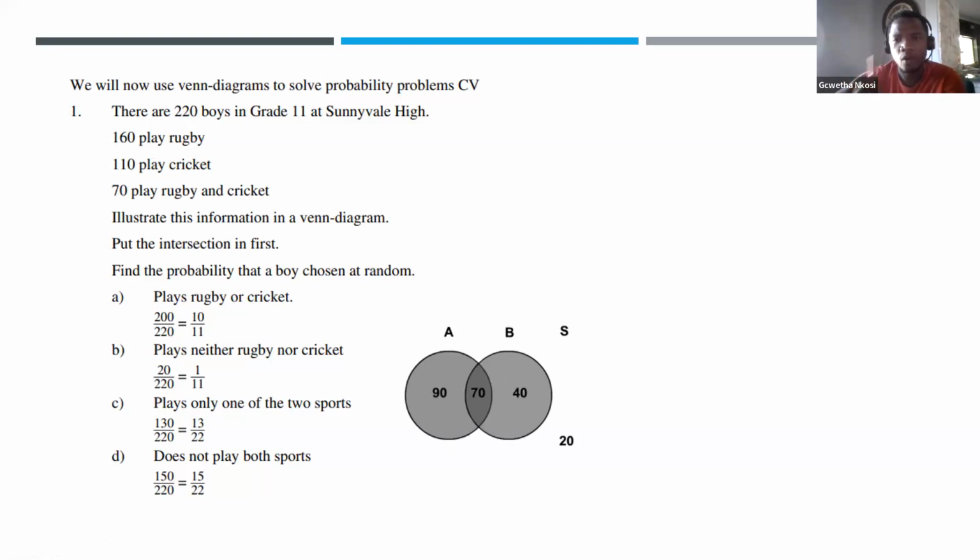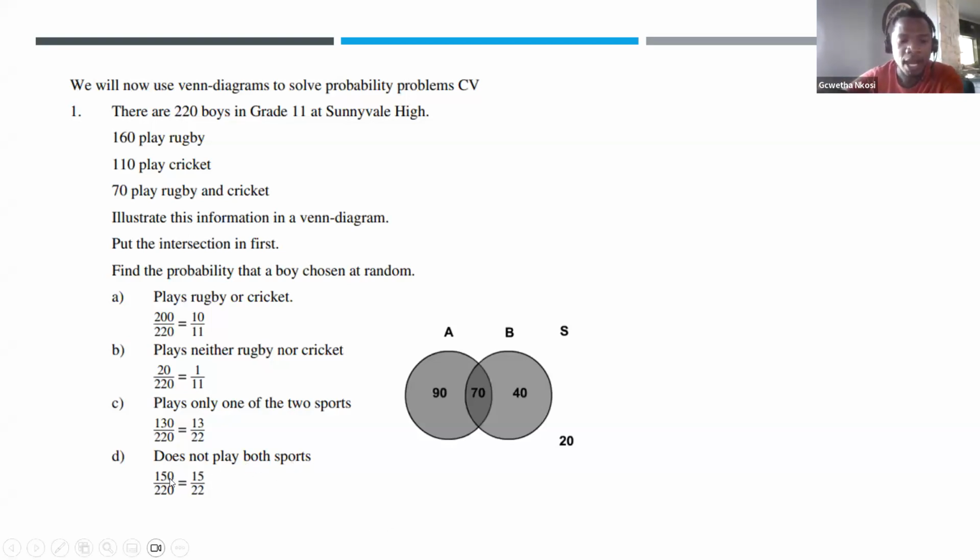These ones, they only play one sport. And you've got this 20 that does nothing at all. So it's going to be my 90 that plays rugby only, plus my 40 that plays cricket only, plus my 20 that does nothing at all. So does not play both sports.